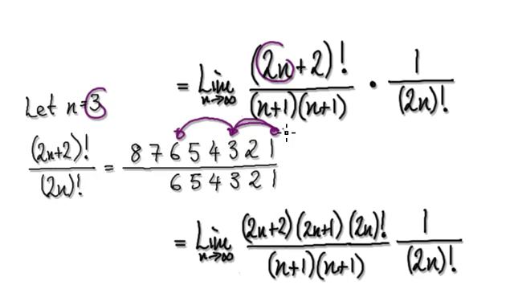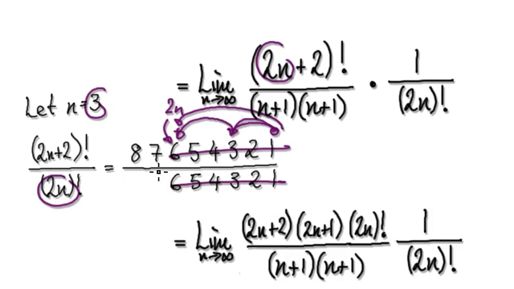Remember n is 3, so 2n would be right here. This is your 2n. And then you can see the 2n! parts will cancel out. What's left will be this term, which is 2n plus 1, and this term, which is 2n plus 2.